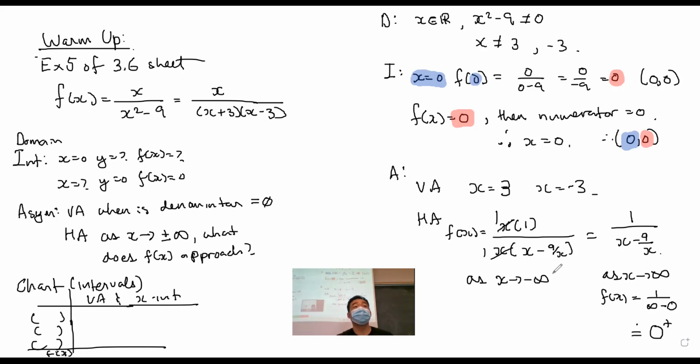Pardon me? Well, in this case, right, it's 1 over x minus a fraction. So yes, 9 over x, as x gets larger and larger and larger, this fraction right here becomes more and more irrelevant. So we don't need it. It becomes closer and closer to zero. So we essentially call it a zero at that point.